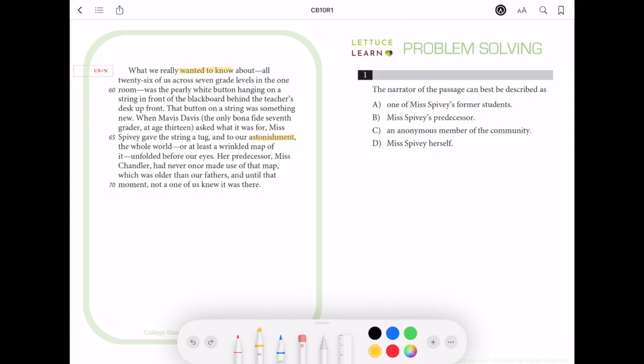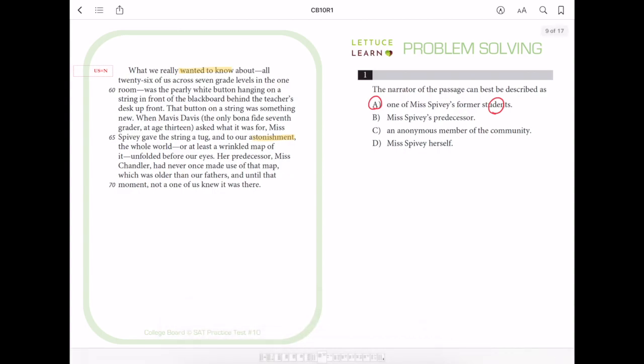Meaning, we are 7th grade students. And immediately, if we look at the answer choices to find anything about students, we can easily see that A is the only correct and acceptable answer. It's really that simple.